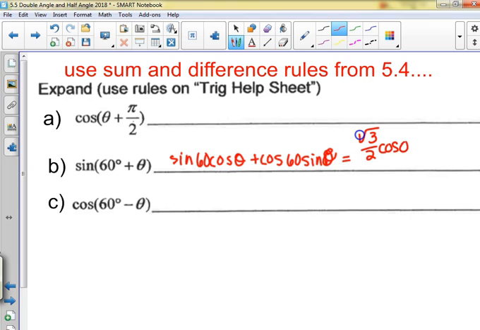And that's multiplied by some cosine. Plus the cosine at 60 is 1/2, and that's multiplied by sine. That's all they wanted. The first one I think will simplify better because pi over 2 has zeros and ones, right?